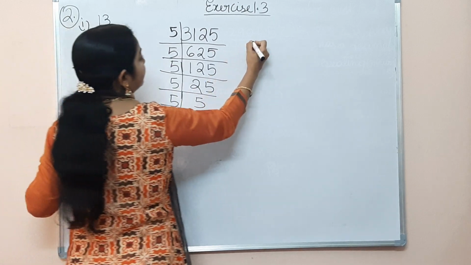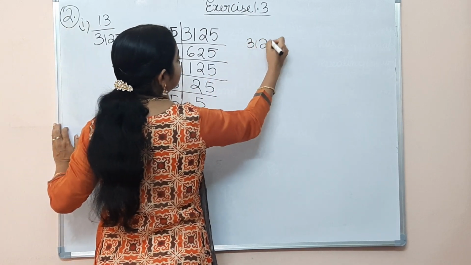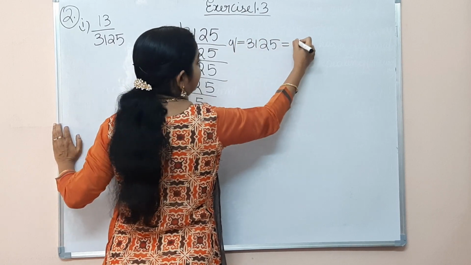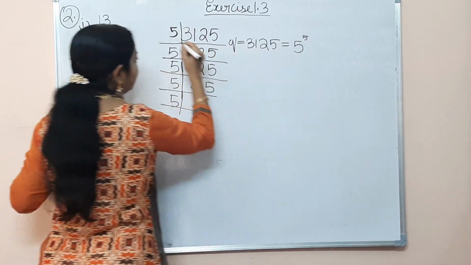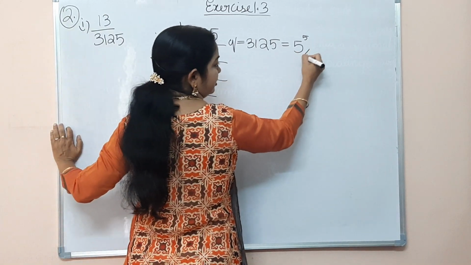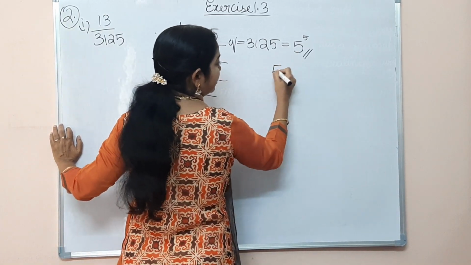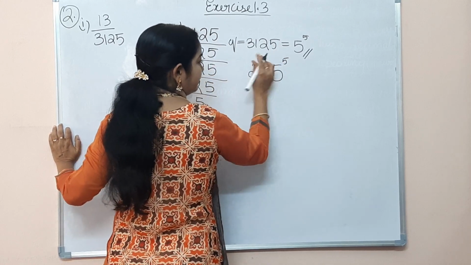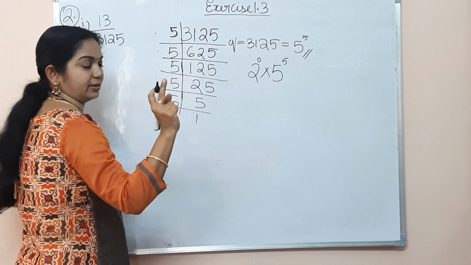So the factors of this q are 5 raised to the power 5. So clearly we can write here 5 raised to the power of 5 into 2 raised to the power of 0, because this is 1. Okay.